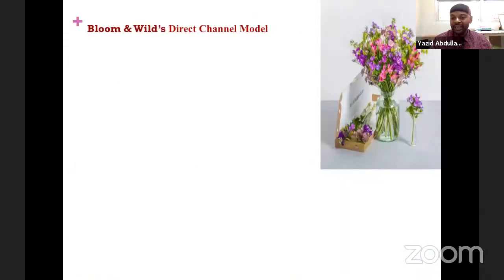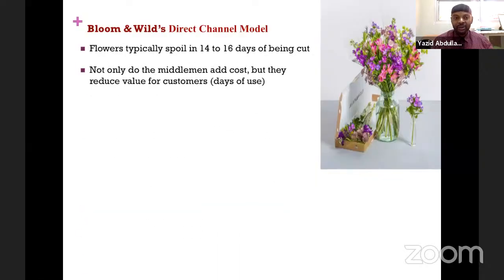Another example of using a direct channel is a company known as Bloom and Wild. Bloom and Wild sell flowers, okay? But they noticed a certain problem with flowers. If you're a flower producer, what happens?